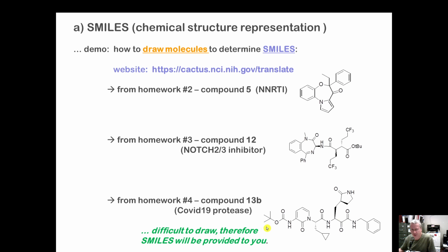So in the homework, I'm going to ask about this one, and I'm going to give you the smiles. ChemDraw does this very nicely, but that little tool chokes a bit on the structure. So yeah, I'll ask about this one, but in these cases, the COVID-19 protease inhibitor, I'll give you smiles for it.